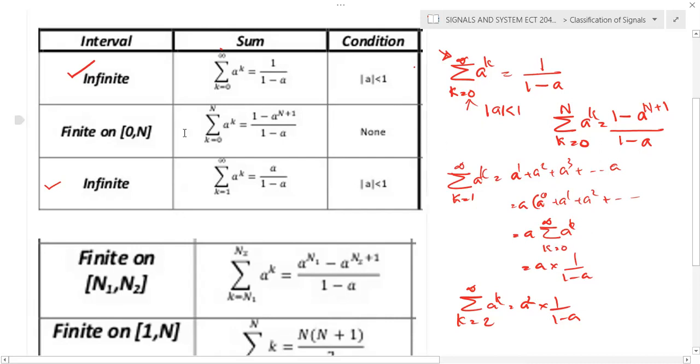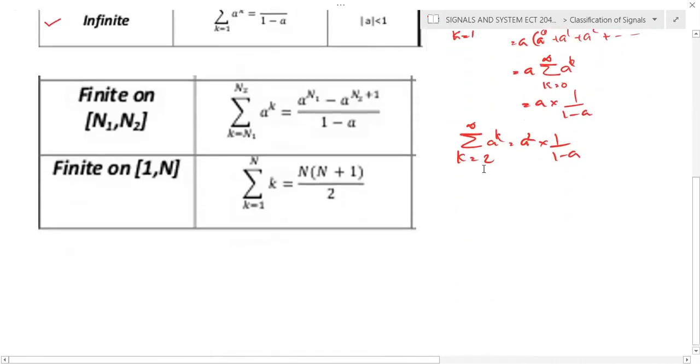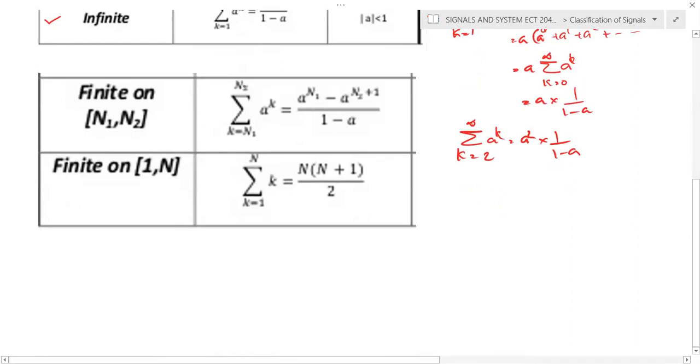These first three formulas are very important. Please remember this formula and also this condition. And this is used when the sequence is finite, that is slightly modified. Previously it was from 0 to n, now it is from n1 to some n2.